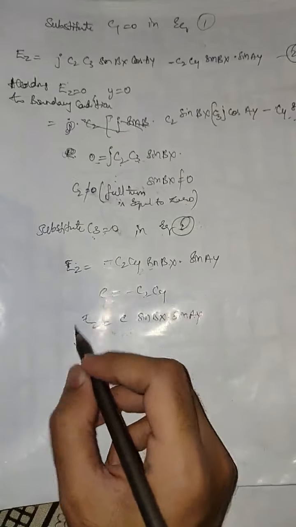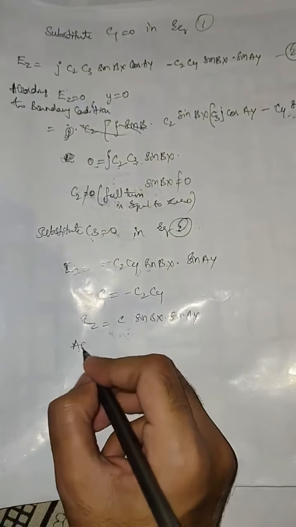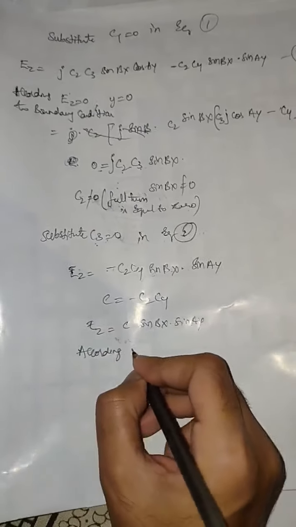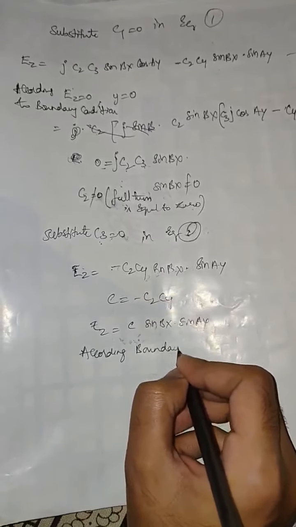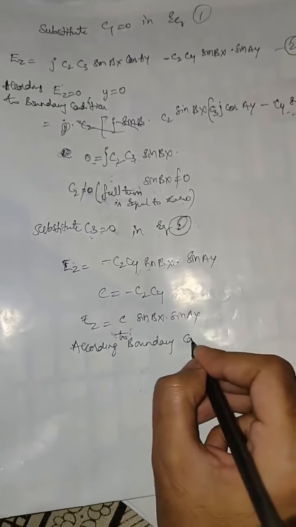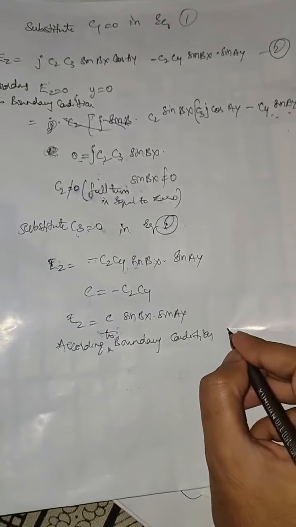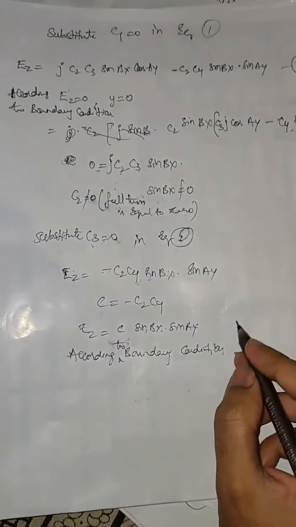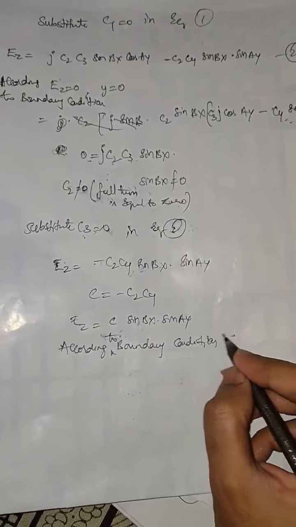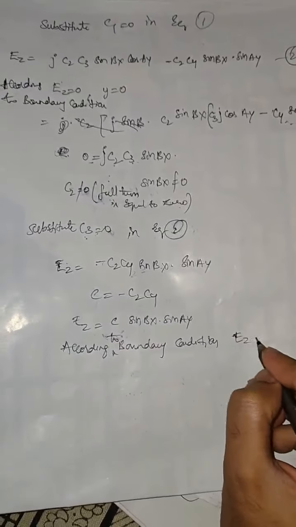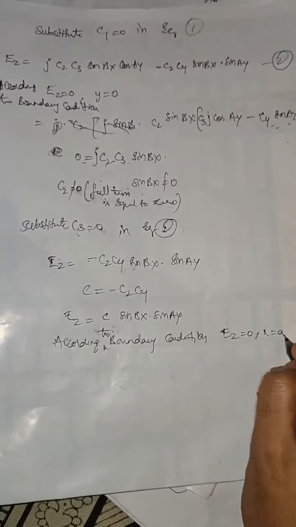According to the boundary conditions, we are applying another condition. You need to substitute the next boundary condition, that is Ez equals 0 when x equals a.